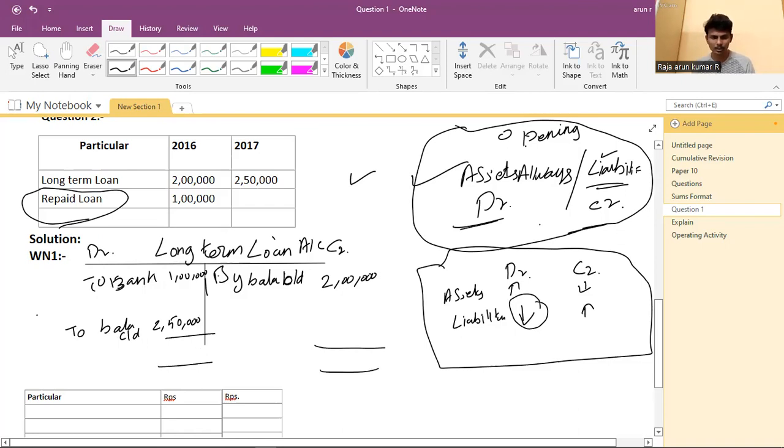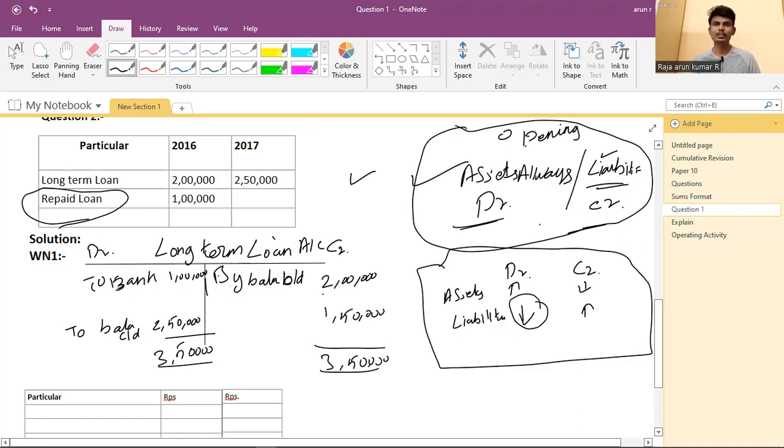Here the total is 3,50,000, and here also it comes to 3,50,000. The difference between them is 1,50,000. Then you tell me, what is the 1,50,000?